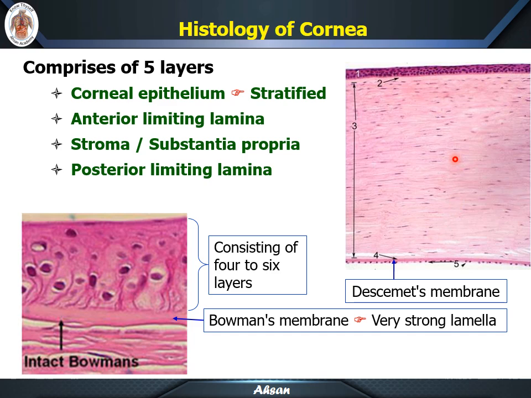So the anterior limiting membrane is called Bowman's membrane and the posterior one is called Descemet's membrane. In between lies the main component, the stroma. The anterior chamber is separated from this cornea by a thin layer of epithelium. This is simple.